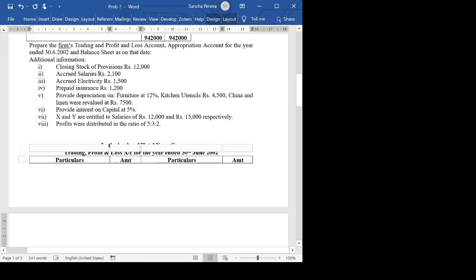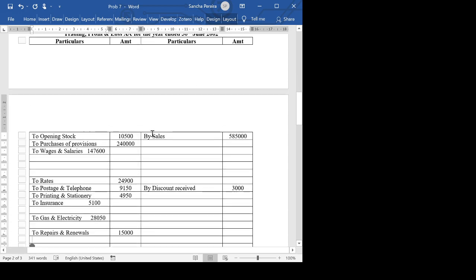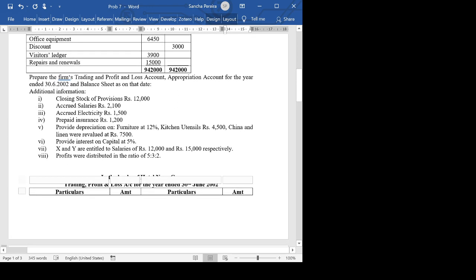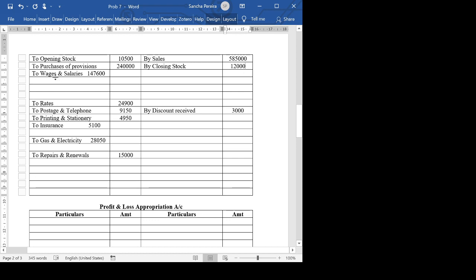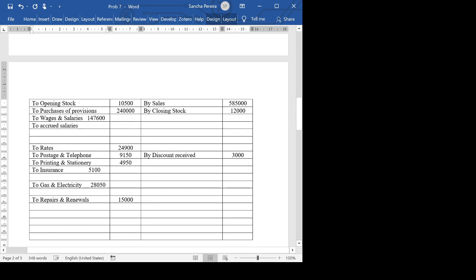Now coming to the adjustments. Closing stock of provisions is 12,000, so that becomes by closing stock, 12,000. Then there is accrued salaries, 2,100. This is outstanding salaries. To outstanding or accrued salaries, the amount is 2,100.